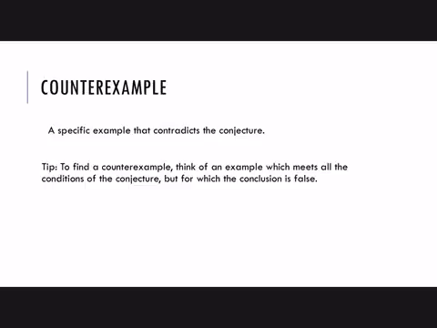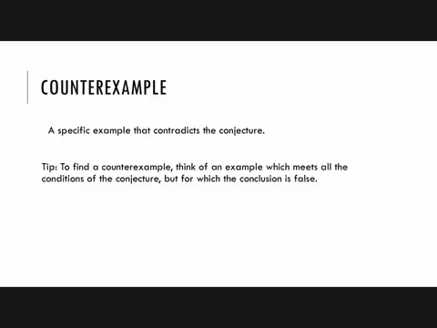All right, if the inductive reasoning led to something that was not true, right, then what we would need to do to try to disprove this pattern or type of reasoning would be to find a specific example that contradicts the conjecture.